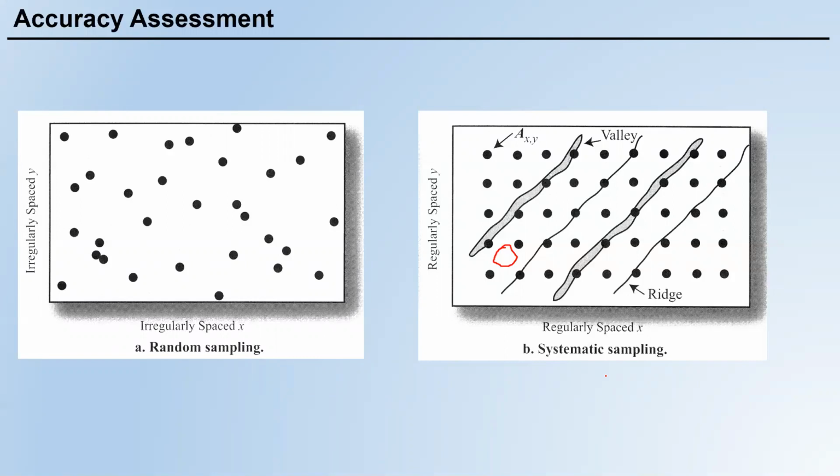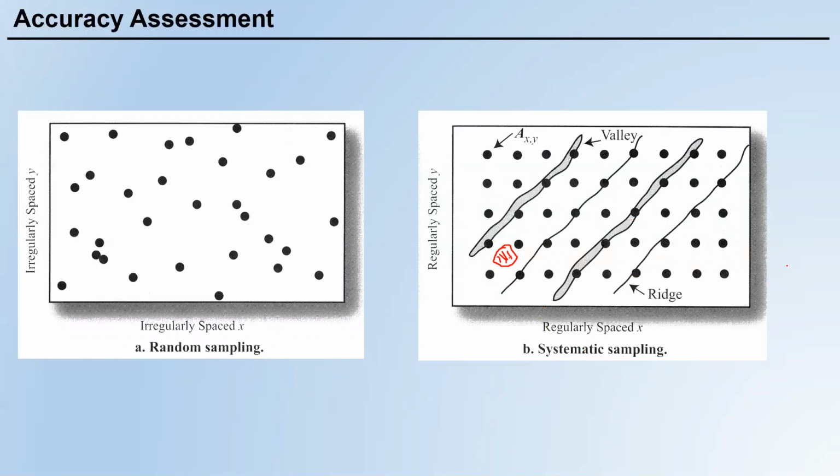If the answer is no, do not use this method, okay? Here is a very extreme example. I draw this polygon and use it to represent a very small water body within this area, okay? So this is the water body. And according to your systematic sampling, it is not sampled.